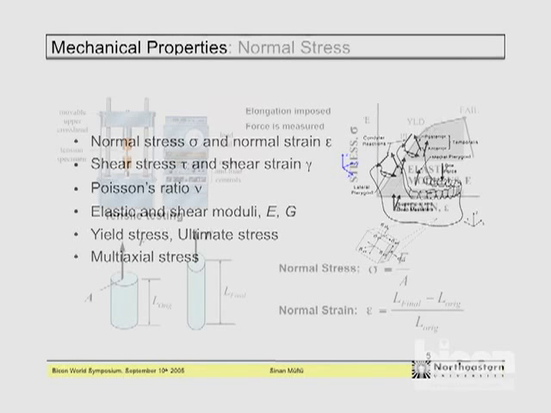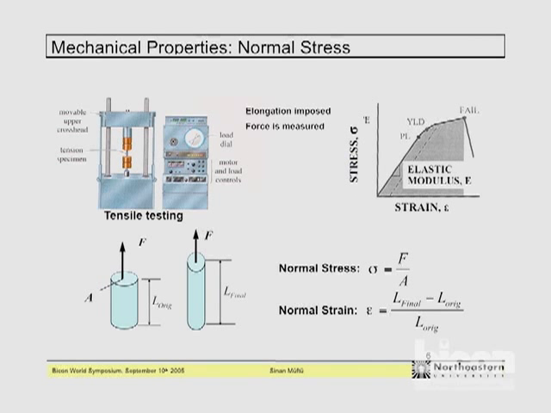Normal stress, typically, is very easy to visualize in tensile testing. For example, if we were to test an aluminum piece or even a piece of bone, we would prepare a cylindrical sample, put it into a tensile tester, impose an elongation, and measure the force.